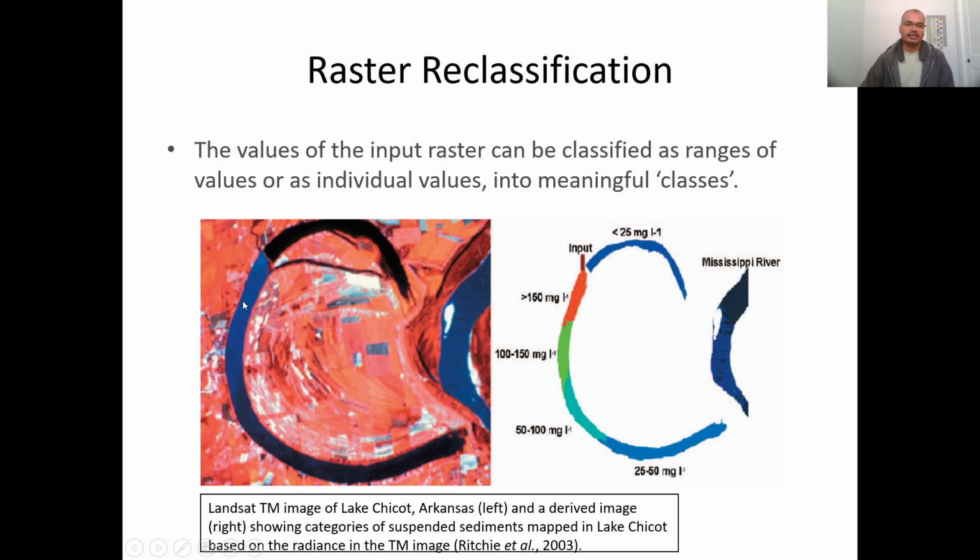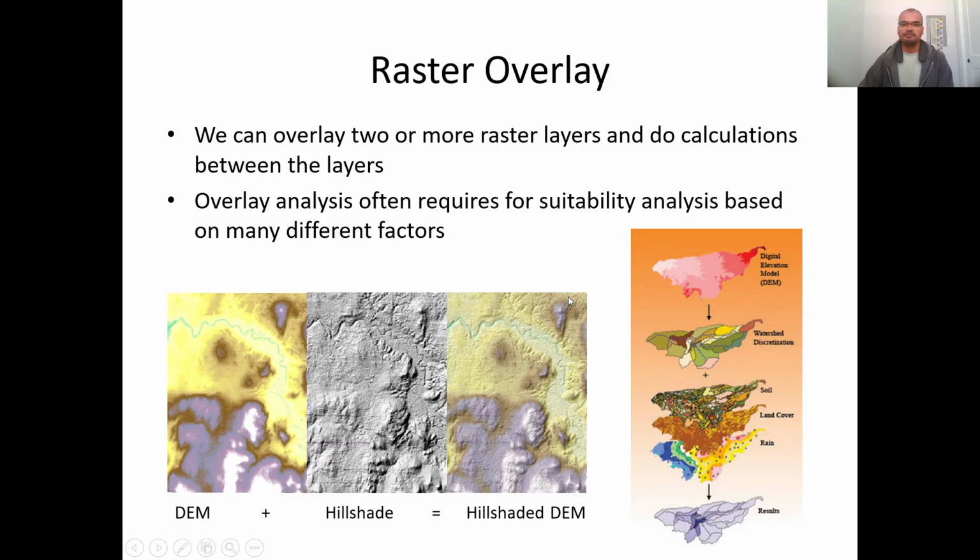For example, here a satellite image represents a lake with different spectral signatures depending upon its spectral capability. Based on the spectral aspects, you can group these pixels into meaningful classes, and you can tag class names or other information attached to these groups, and you can represent it, or use it for further spatial analysis.